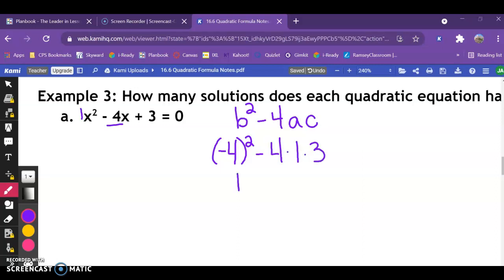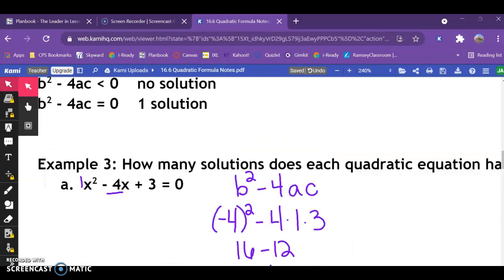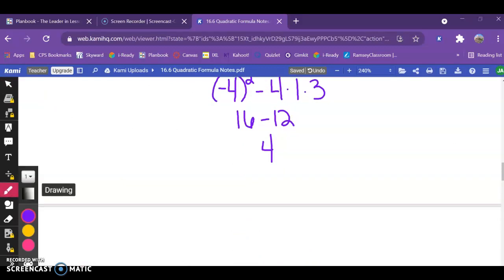So negative 4 squared is 16. Negative 4 times 1 is negative 4. Negative 4 times 3 would be negative 12. So 16 minus 12 is 4. That number is greater than 0. So this says 2 solutions. So the answer is this has 2 solutions.